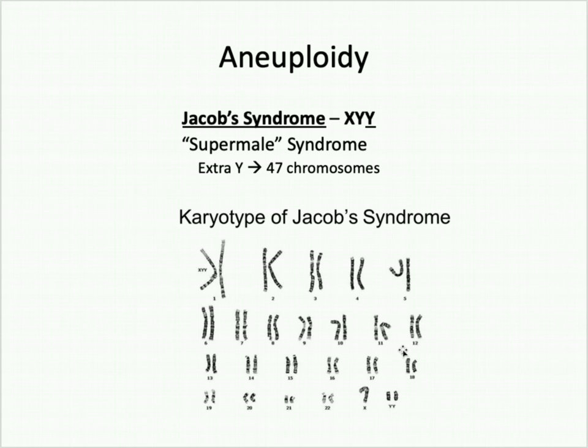Jacob syndrome is hard to tell if somebody has it. They can be taller, and they may have some aggression issues. So based on those characteristics, it's hard to diagnose somebody with Jacob syndrome unless you do some kind of genetic testing.